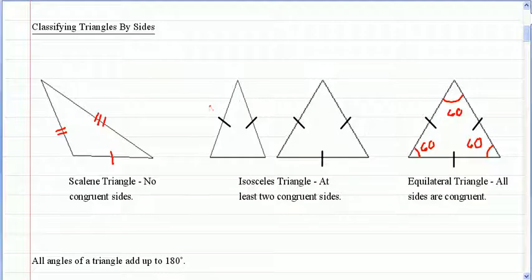In this triangle, the type of isosceles triangle where you only have 2 equal sides, the 2 sides that are equal are called the legs. And across from the legs, you have 2 angles that are equal that are called the base angles.